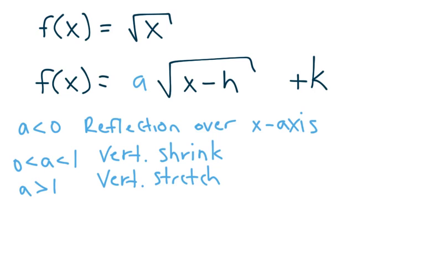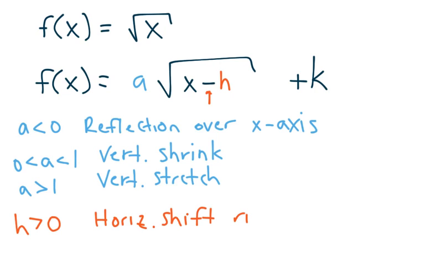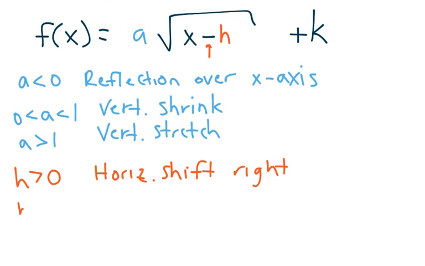Easy enough? Anybody remember what h does? Yeah, it's a horizontal shift. And remember, you got to be careful of this minus sign. So if h is greater than 0, then it shifts to the right. So we say horizontal shift right. And if it's less than 0, it's a horizontal shift left.